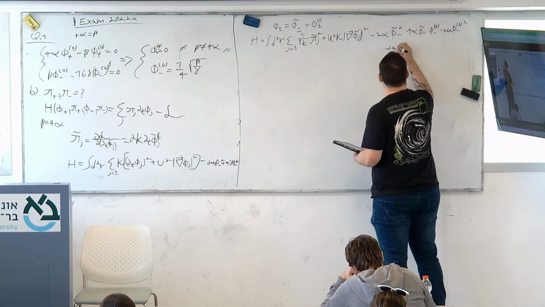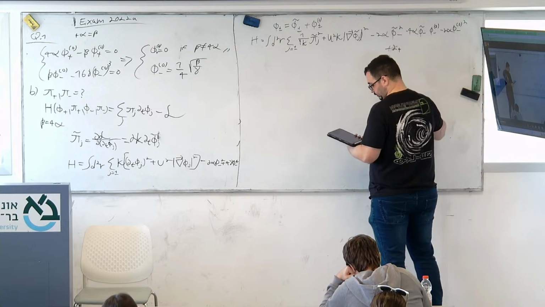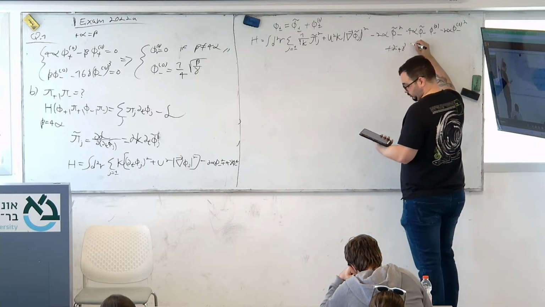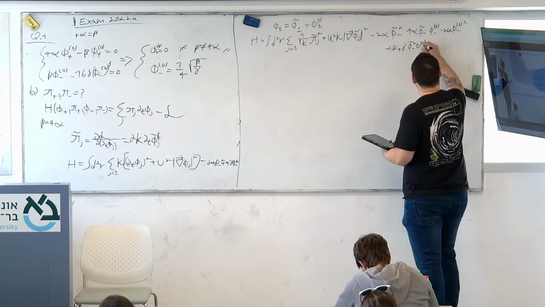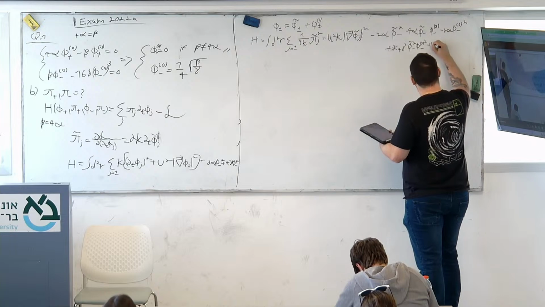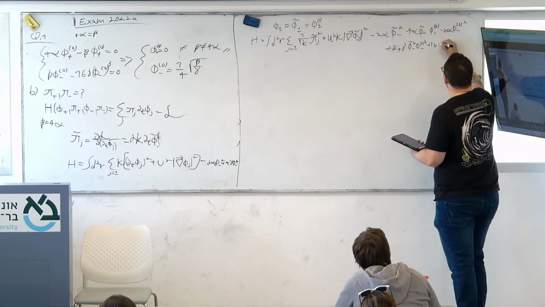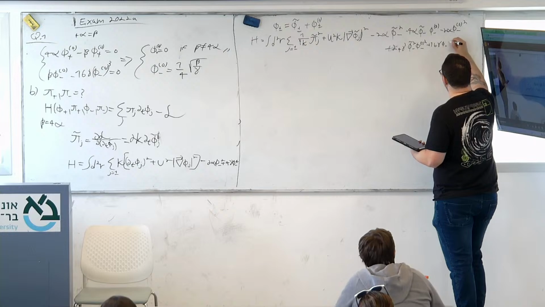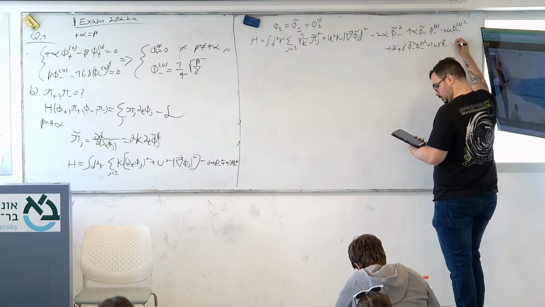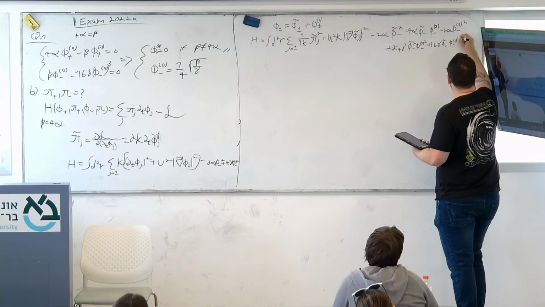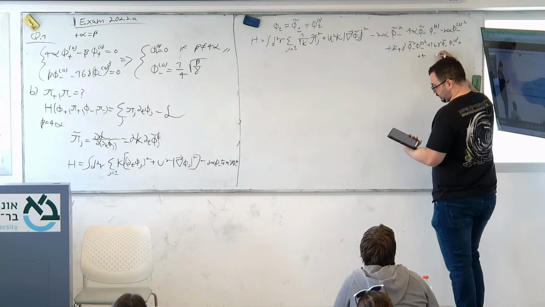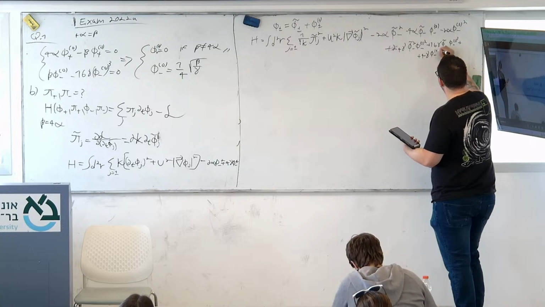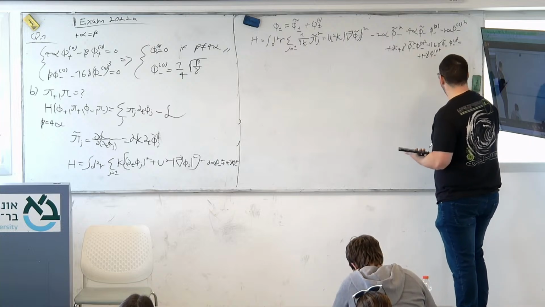So it'll be plus 24 gamma phi wave squared phi 0 squared plus 16 gamma phi wave phi 0 cubed plus 4 gamma phi 0 to the power 4.